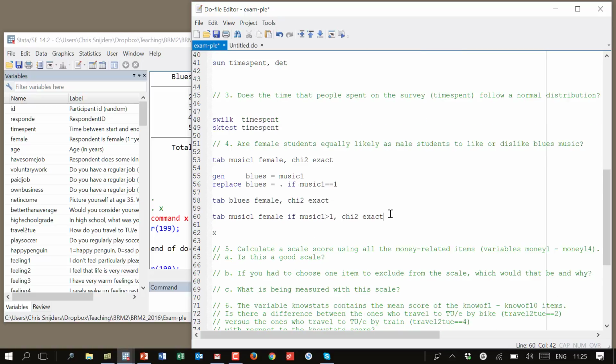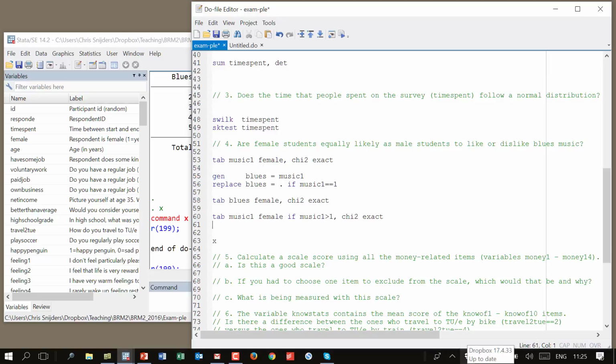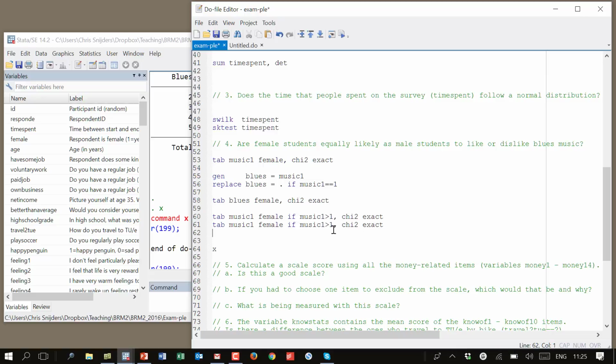Perhaps good to know, in fact, this would also work. The comma in the command works like a toggle. The first time Stata sees the comma, it knows there are options behind the comma.